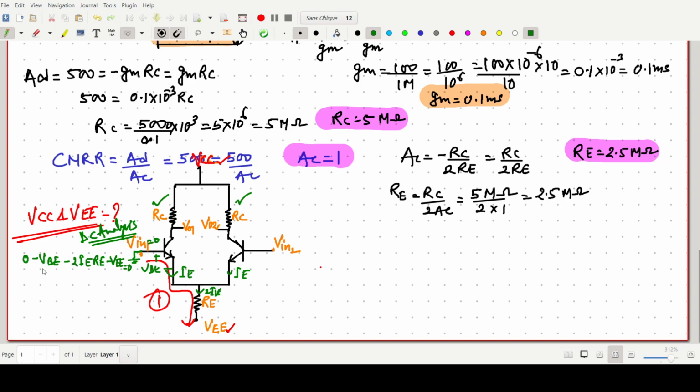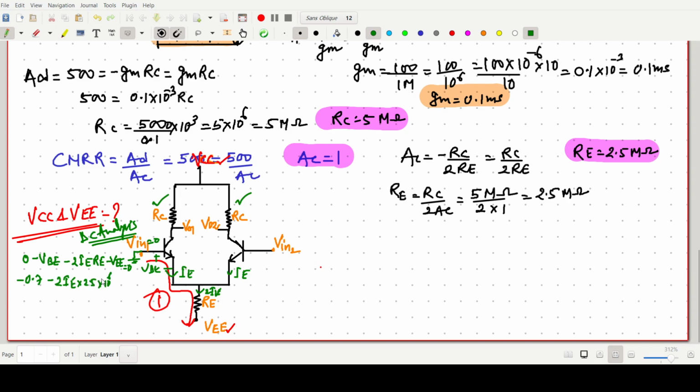Is it okay? So one can write this as minus 0.7 minus twice IE RE. The RE value we have already found, 2.5 into 10 to power 6.